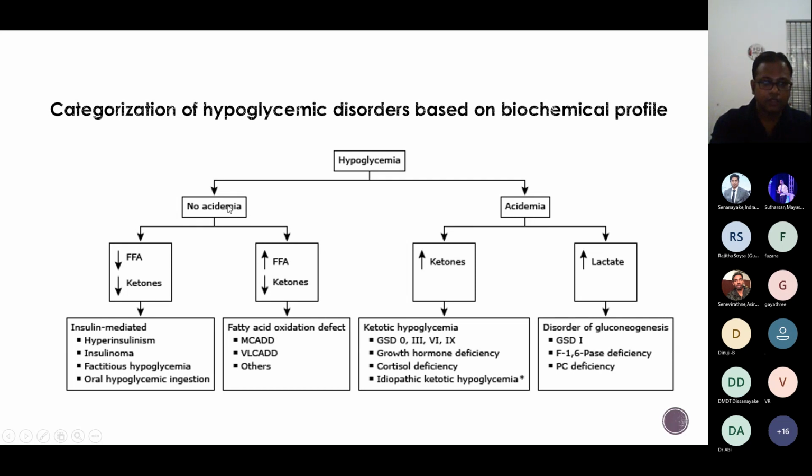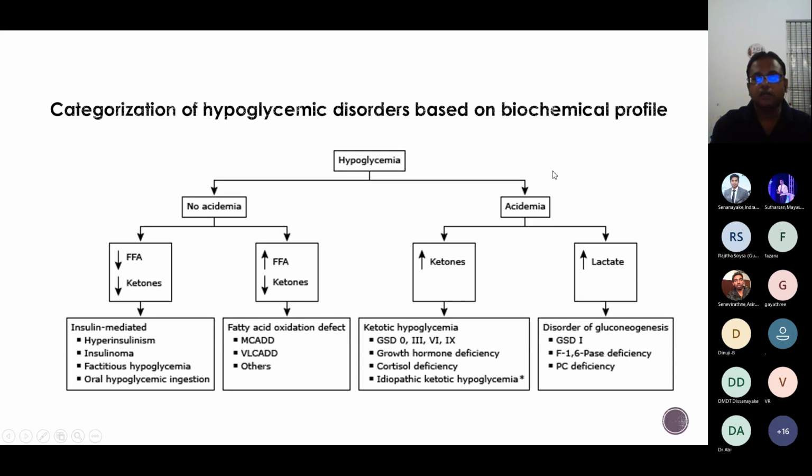And on the side of no acidemia, certain conditions present with low free fatty acid levels and low ketones. Examples include hyperinsulinism, insulinoma, factitious hypoglycemia, and oral hypoglycemic ingestion. And with no acidemia and increased free fatty acids and reduced ketones, you get MCAD, VLCAD.